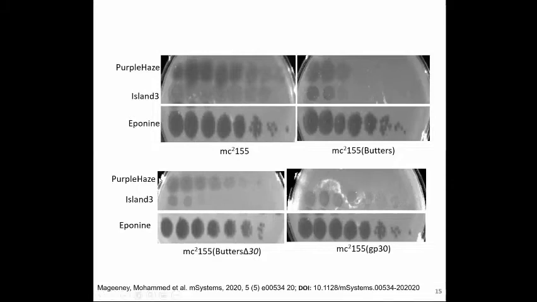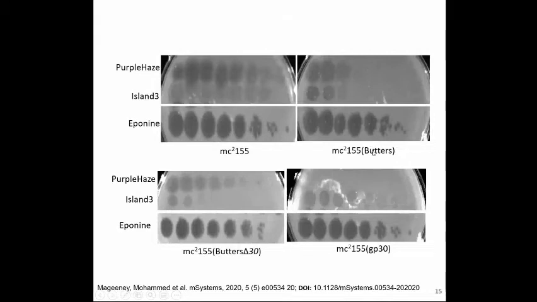Now notice that when you delete gene 30, all of a sudden, Purple Haze, which over here was not able to infect all the way, is now able to infect all the way to this point. So that means that the absence of gene 30 is allowing Purple Haze to be able to infect. Notice also that for Island 3, even as we've taken 30 out, Island 3 still cannot infect, just as it couldn't infect here.